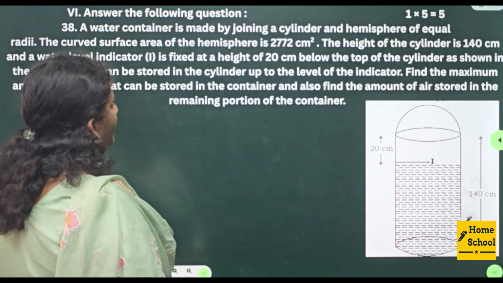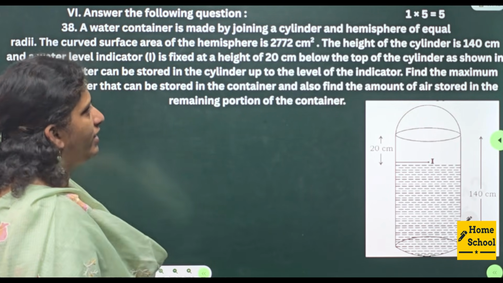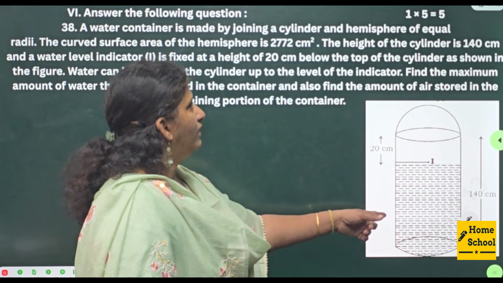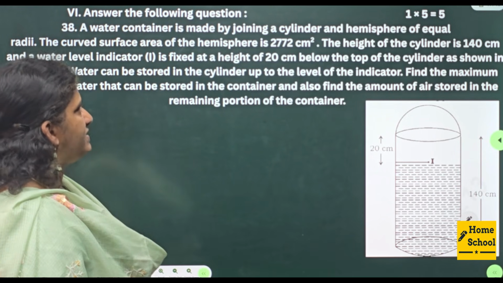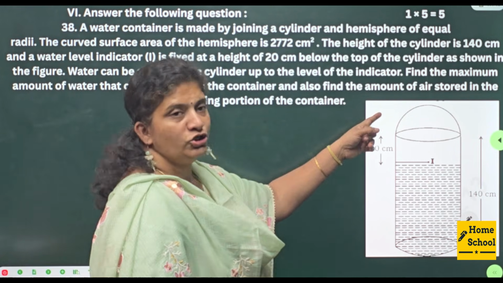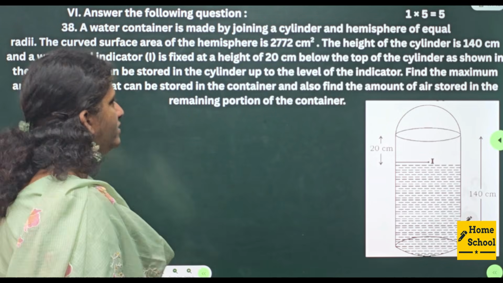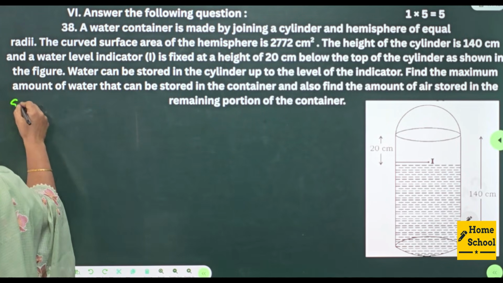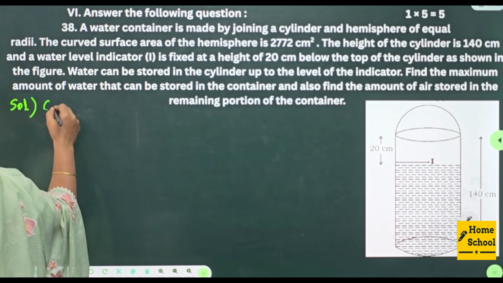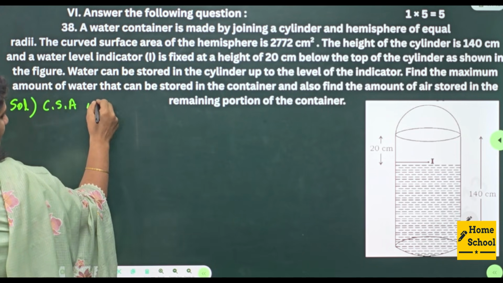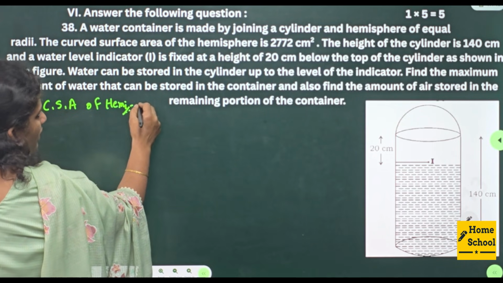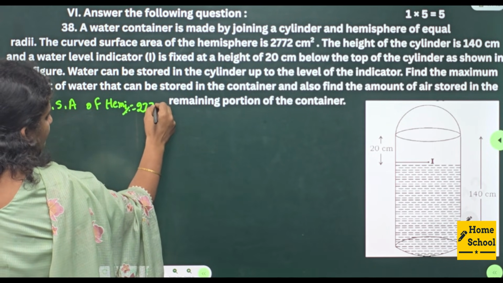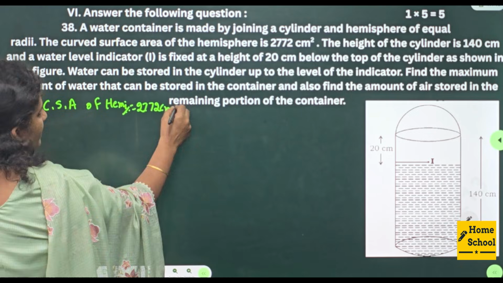38. A water container is made by joining a cylinder and hemisphere of equal radii. The curved surface area of the hemisphere is 2772 centimeter square. First, let me write what is given. CSA of hemisphere is equal to 2772 centimeter square.